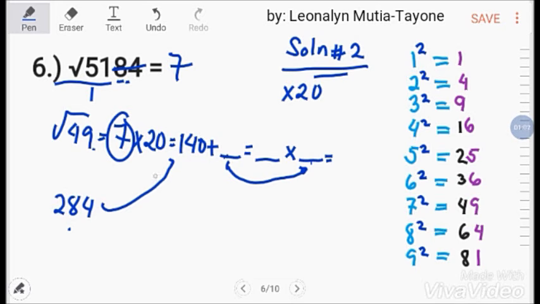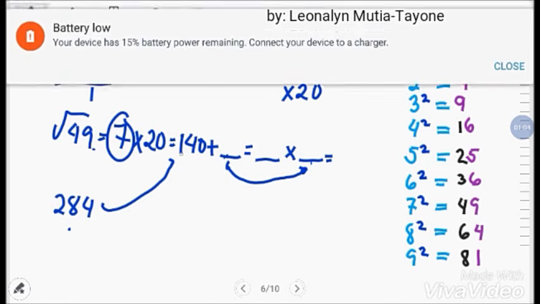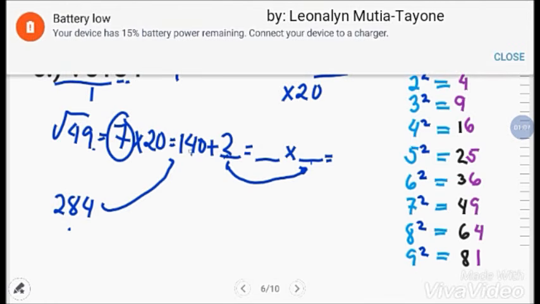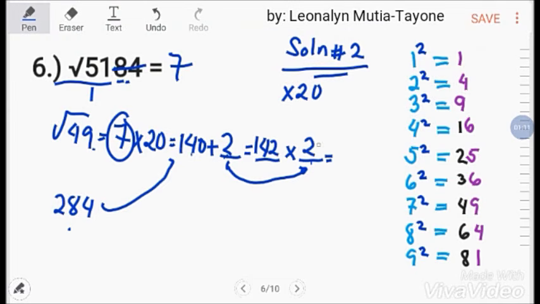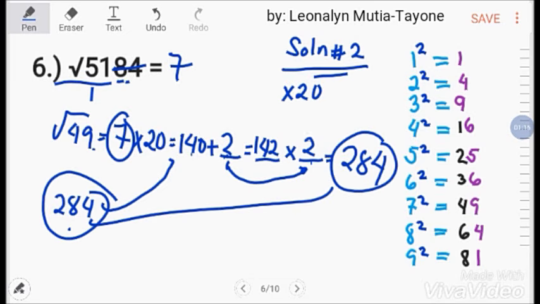And it's around 2. So, 140 plus 2, that is 142. 142 times 2, and that is 284. So, ang answer dito ay 72.